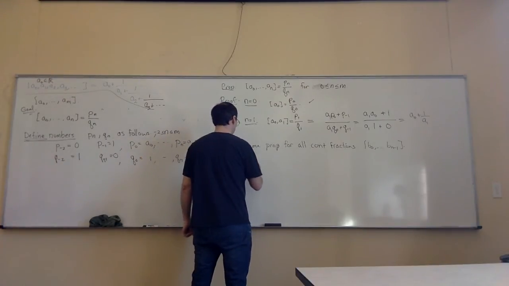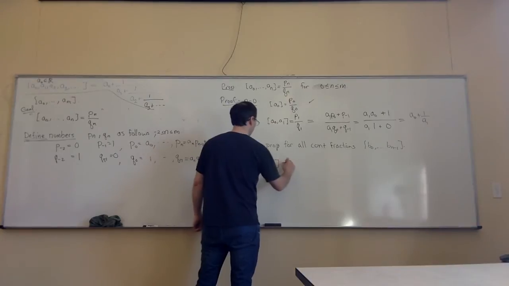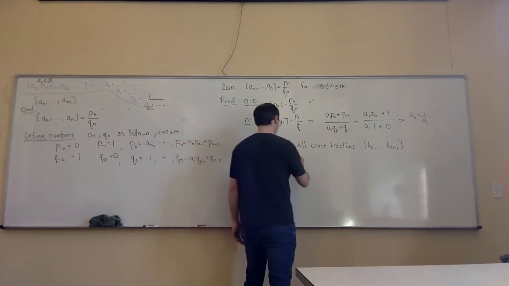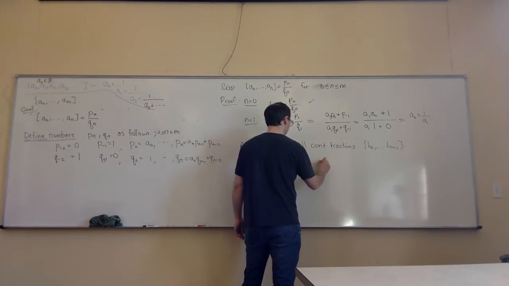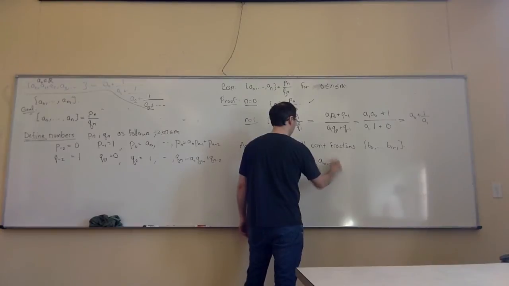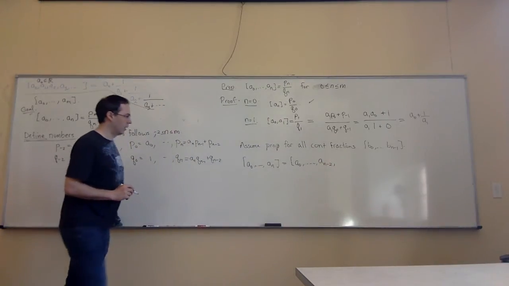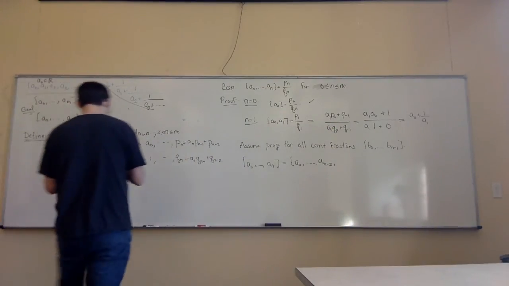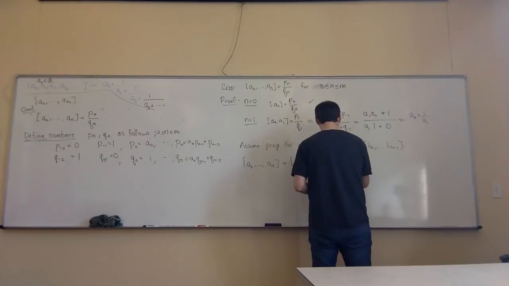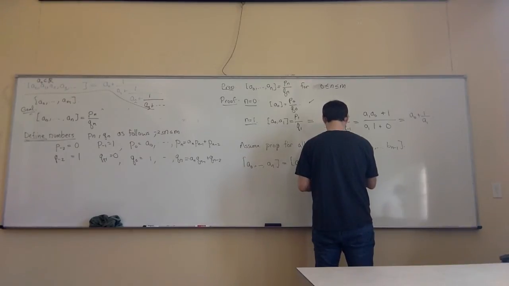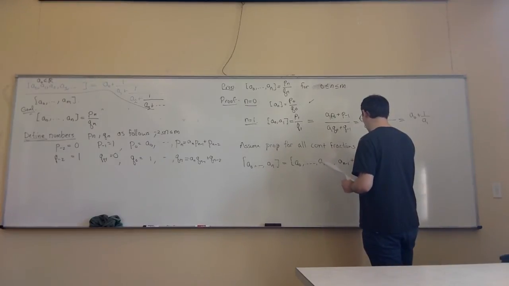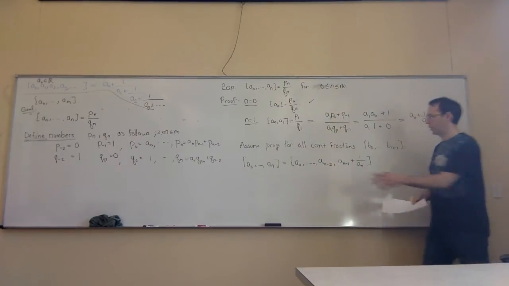So we just take [a0, ..., an], and it's basically a trick. We'll rewrite this as a0 through a(n-2), and then we have to carefully check that this is correct. Let me make sure I write it exactly right. We're going to rewrite it as a continued fraction with one less term: a0 through a(n-2), and then a(n-1) plus 1 over an.